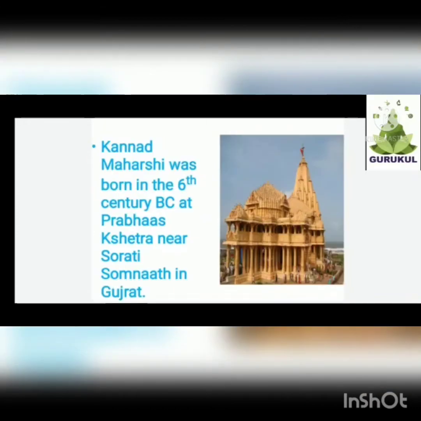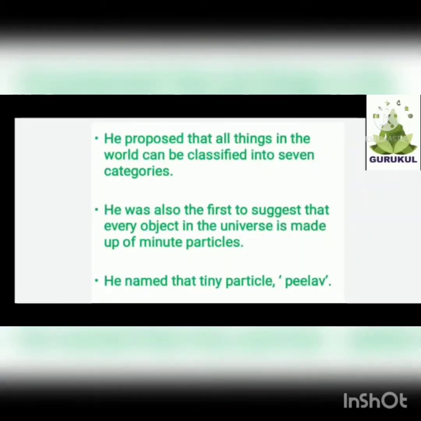Kanad Maharshi was born in the 6th century before Christ at Prabhas Kshetra near Sorti Somnath in Gujarat. Okay. And his given name was Uluk. He proposed that all things in the world can be classified into 7 categories.